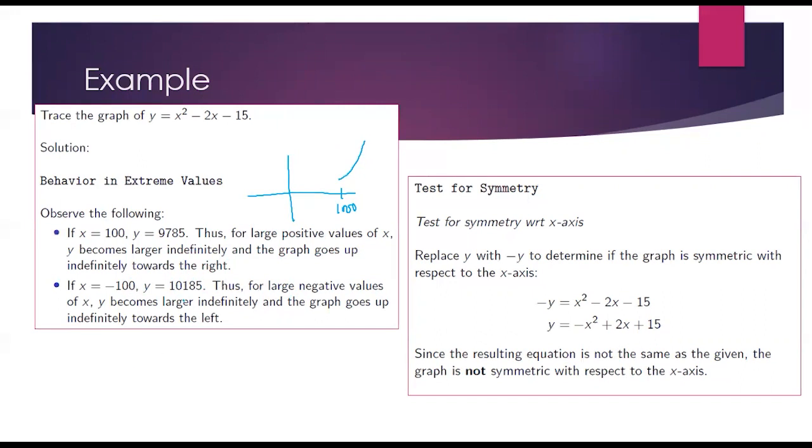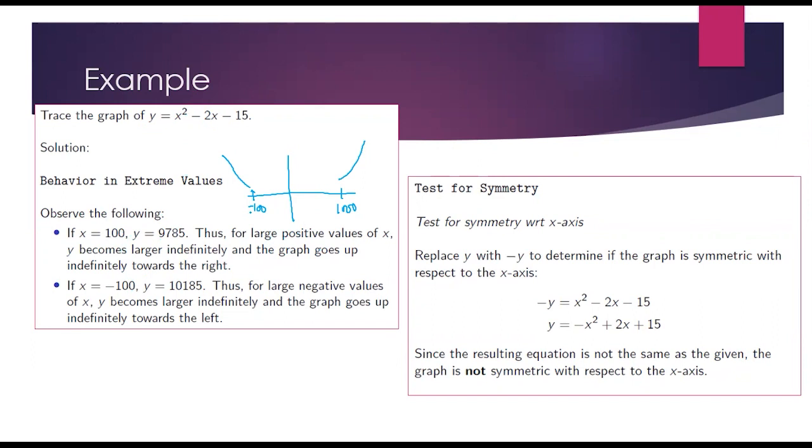Your y here is positive 10,185. So that means for large negative values of x, your y becomes larger indefinitely, and the graph goes up indefinitely towards the left. So if this one is your negative 100, your graph is like that. So the behavior is like this. That means it will go up towards the left.